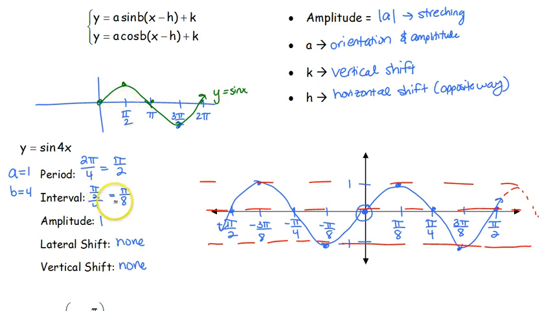What we did is we changed the period. So instead of going from 0 to 2 pi, we're only going to pi over 2. So now that's our new, starting at 0, up, down, down, up.